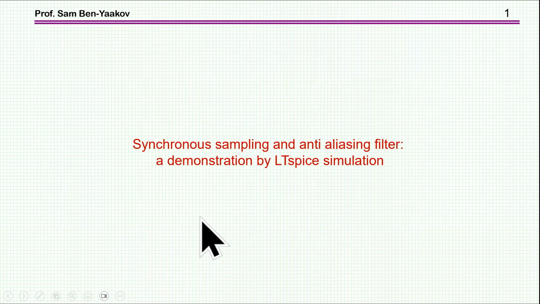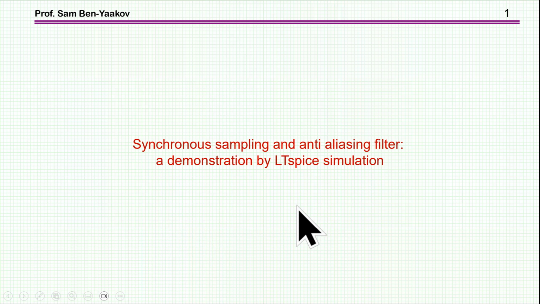Hi, I'm Ben-Yaakov. This presentation is entitled Synchronous Sampling and Anti-Aliasing Filter, a demonstration by LTspice simulation. Now, this is not a mathematical derivation or explanation of the whole issue of aliasing and folding and synchronous sampling.